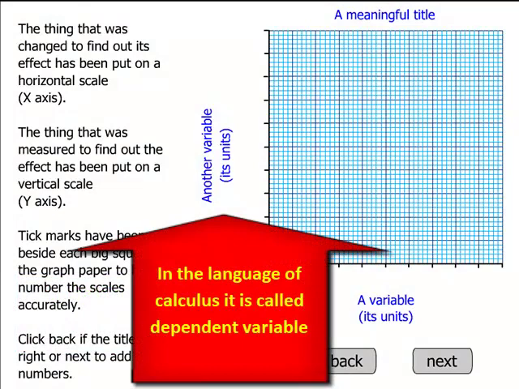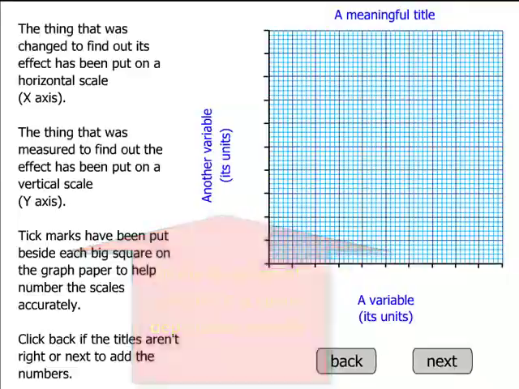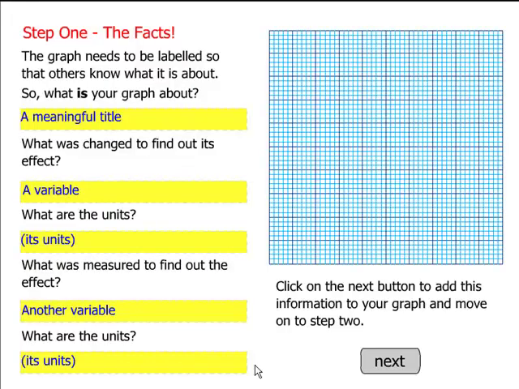The steps in graph plotting. Say we are plotting your distance from home against time. So the title of the graph will be distance from your home, and what we are trying to find out is against time, therefore we write time there.